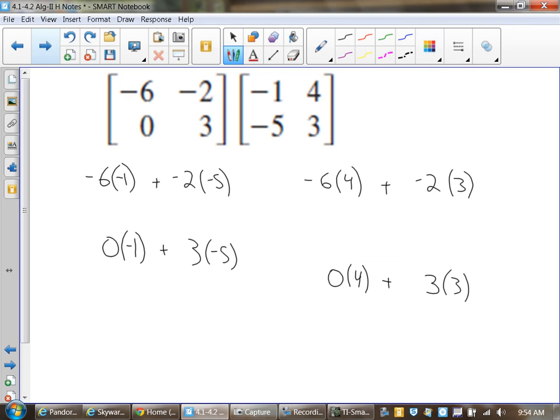Our result matrix should be a 2 by 2 if we got somewhat lucky here. So we have 6 plus 10, 0 and -15. Would somebody try and put that in a calculator real quick just to double check us here? -24, -6, and -30.